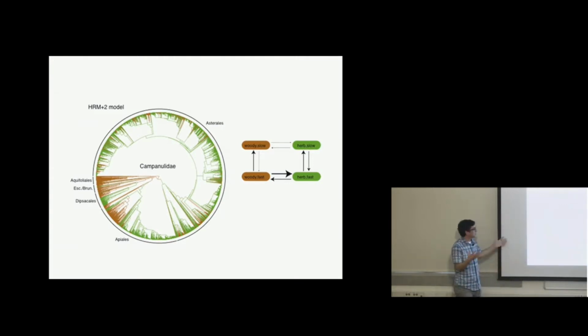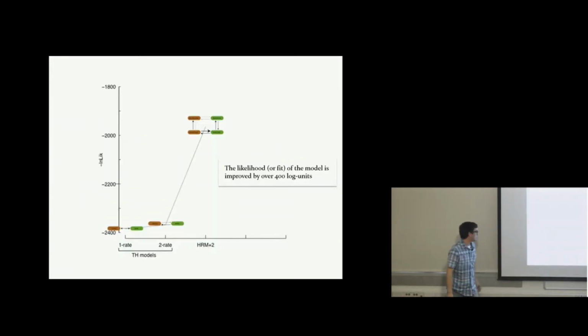We find that in certain parts of the tree, going from woody to herbaceous happens more often in the fast category than the reverse. Now we can compare the fit of this model with the other two models we discussed, and we see that just having a single additional hidden rate class improves the fit of our inference by 400 log likelihood units, which is an extraordinary improvement.